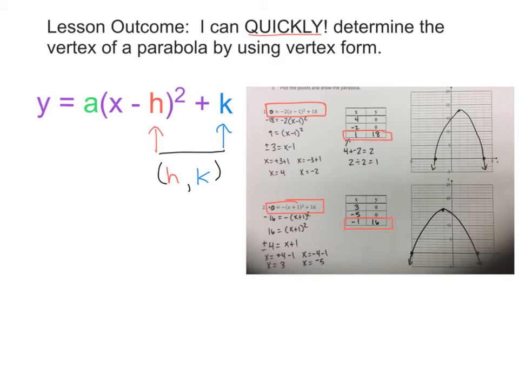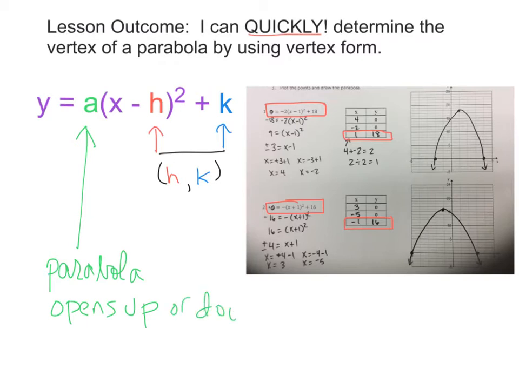Now, if that's a little confusing, we're going to look at some examples of this, so hopefully you will catch on. But first, a couple more things. Number one, we've talked a lot about A here and there in different lessons. I want to point out that A helps determine if the parabola opens up or down. That is dependent on whether A is positive or if A is negative.